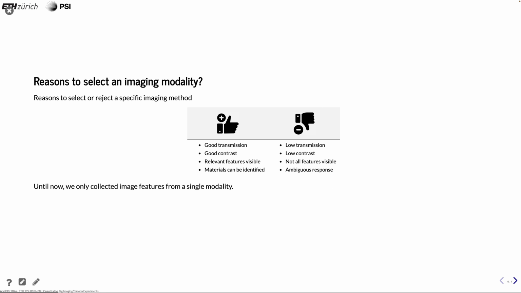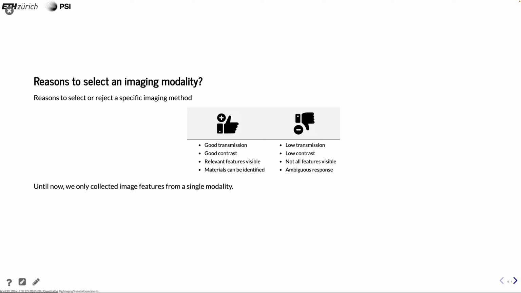So, how to select the modality? First, actually that's a general choice, and here we have some reasons to reject or select a certain imaging method. So on the good side, we choose one that has good transmission, so you really can penetrate with your radiation.